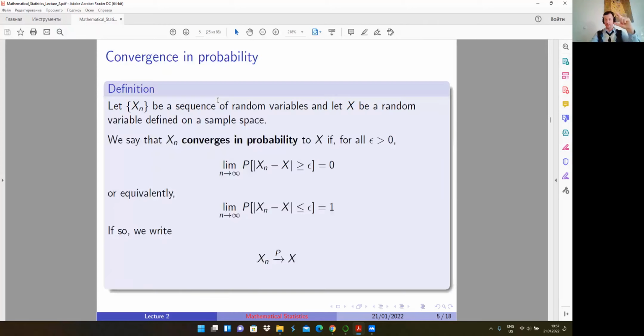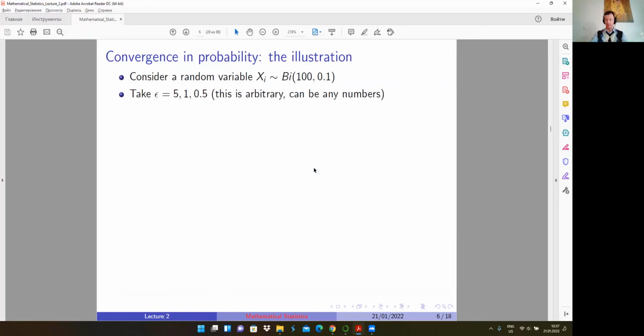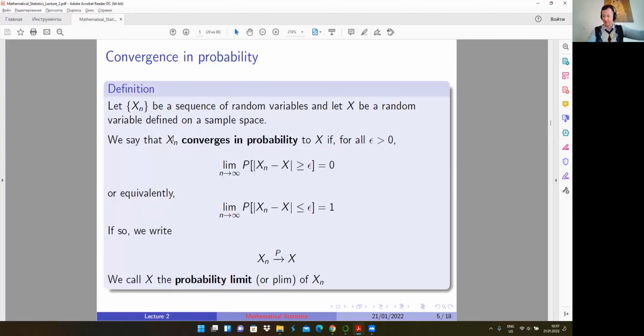So I'm making this deviation smaller and smaller. Then I will take several sample sizes from 1 to 10,000. I think 10,000 is huge enough to consider this as going to infinity. So I will be changing this n.